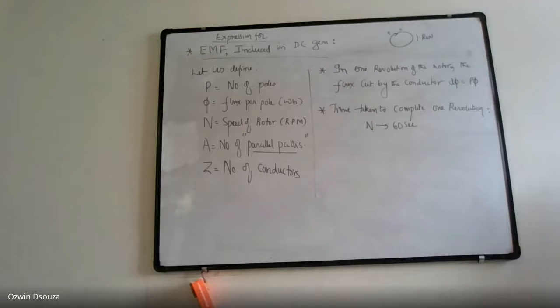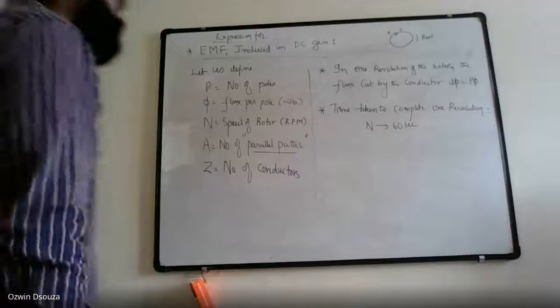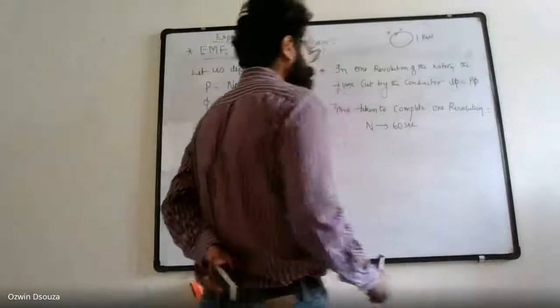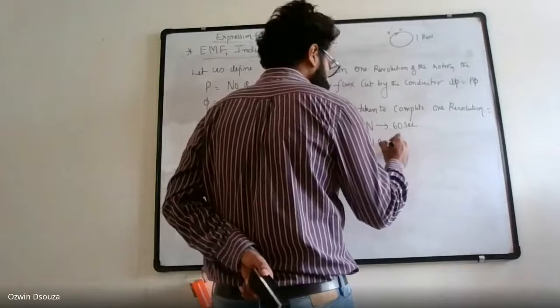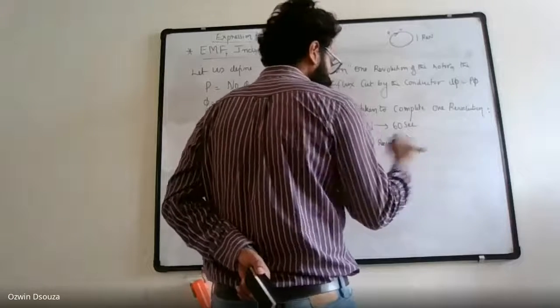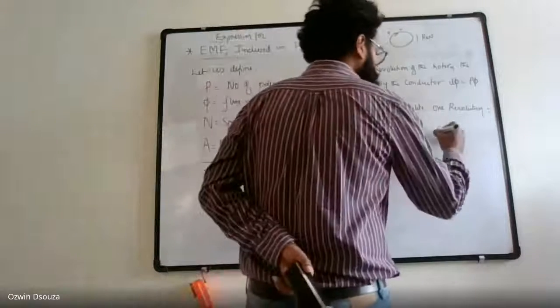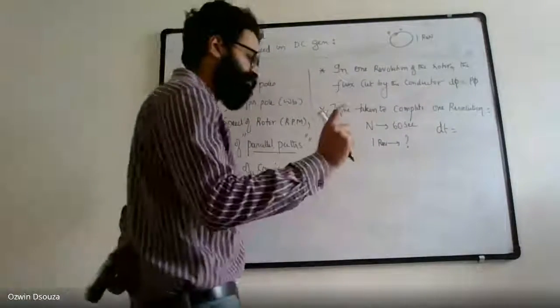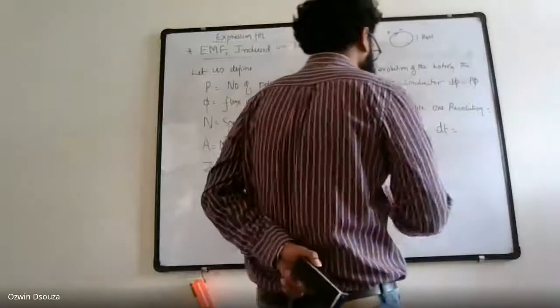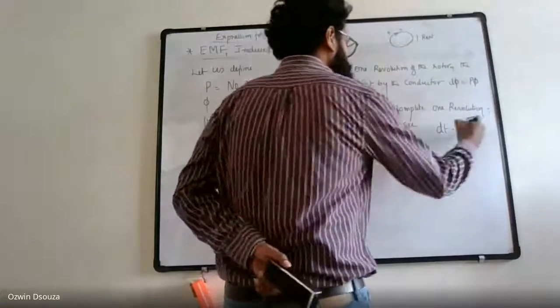Or you can say N revolutions are getting completed in 60 seconds. So what is the time taken to complete one revolution? Basically, that time can be taken as dt, which is a small change in time. So that is actually 60 by N.